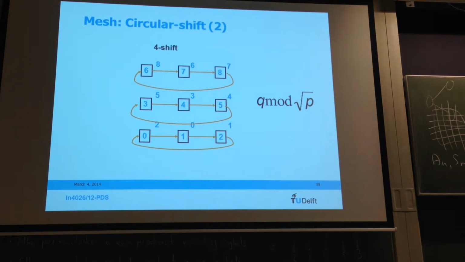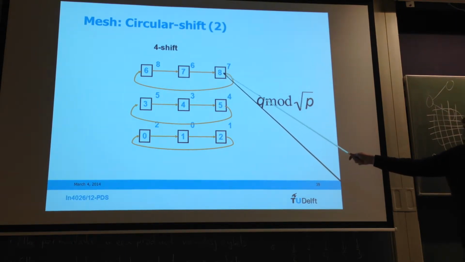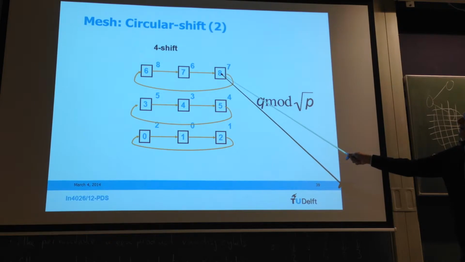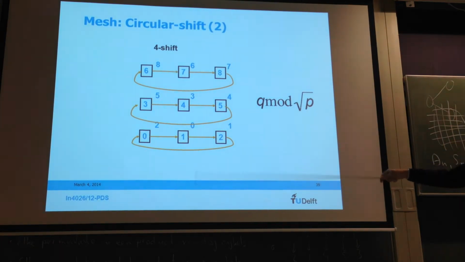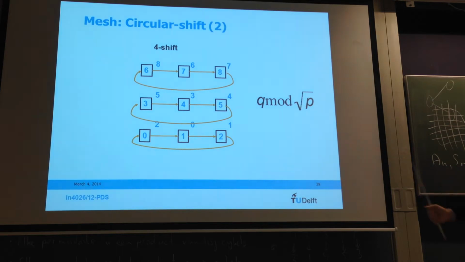What 8? The number 8. It's not in the right position. It shouldn't be at node or processor 6. If you do a 4 shift, yeah, then it would be at 0, 1. No, this is before the column shift, right? For the column compensation. You're right, it's not in a good position, it should be there. But the column compensation is the next step.